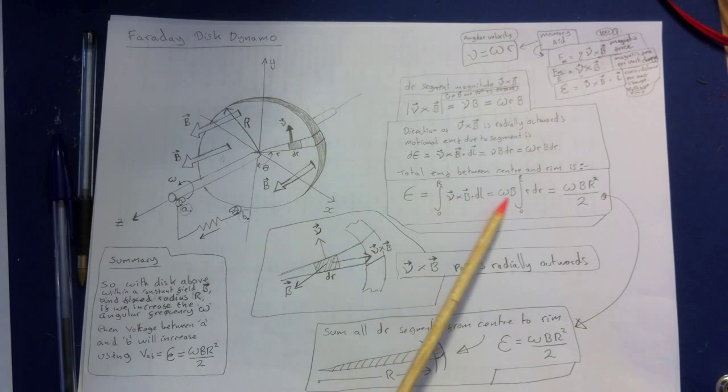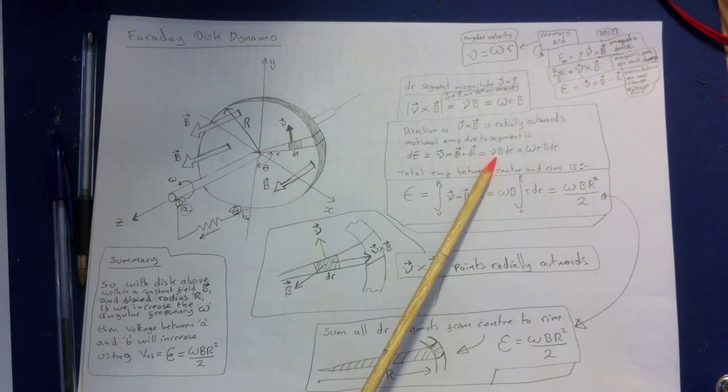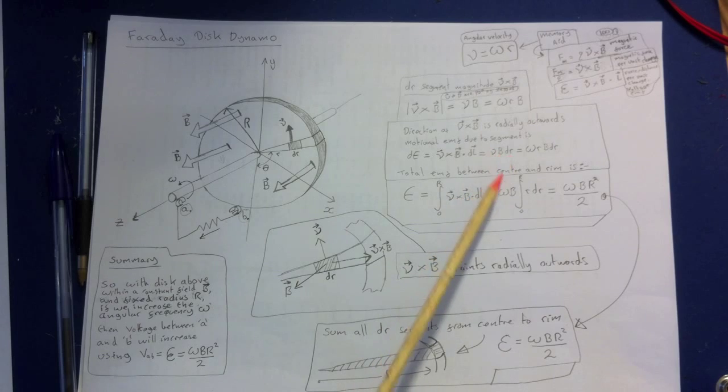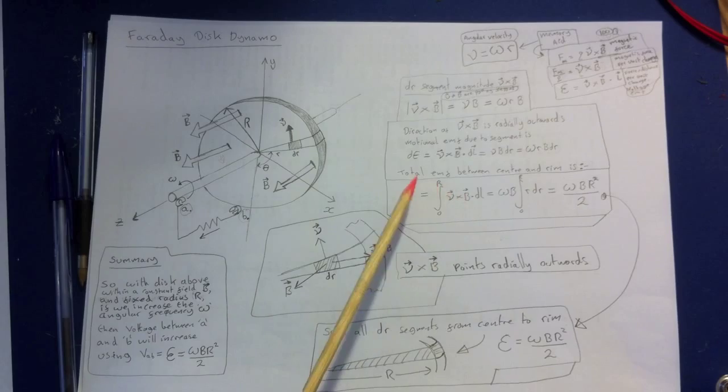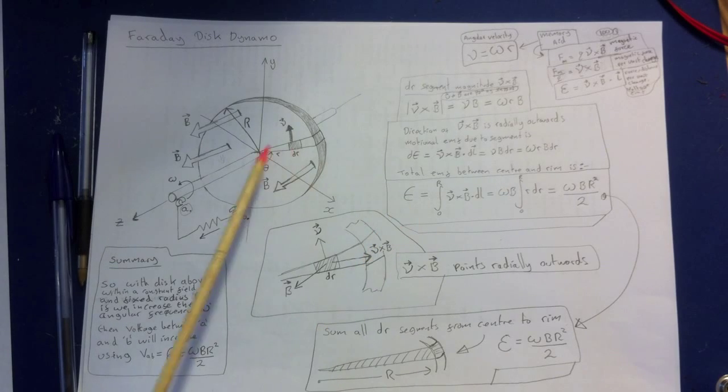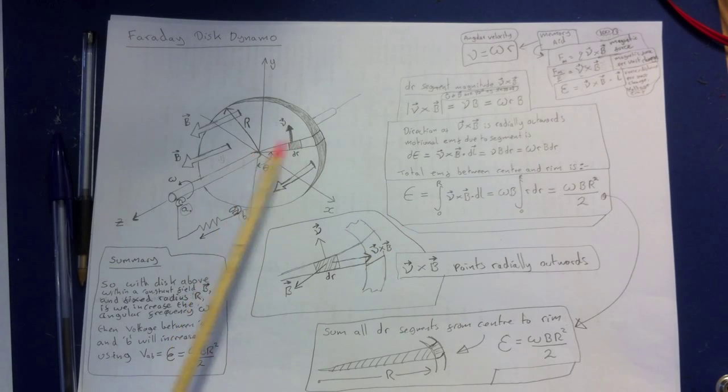So if we do the integral, obviously we know that v cross B is vB, so we get wB R squared over 2. That then is the total EMF from the centre of the circle to the rim. For this one segment, the EMF equals wB R squared over 2.